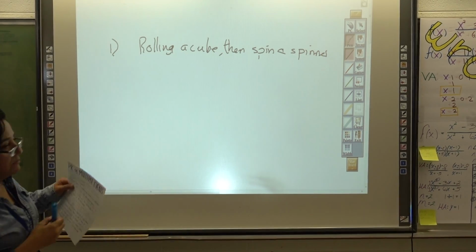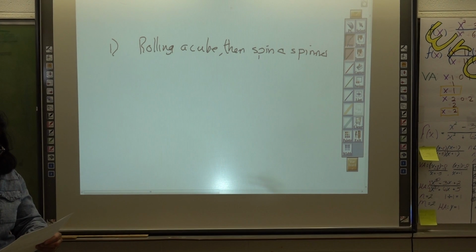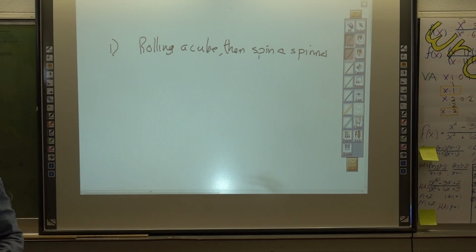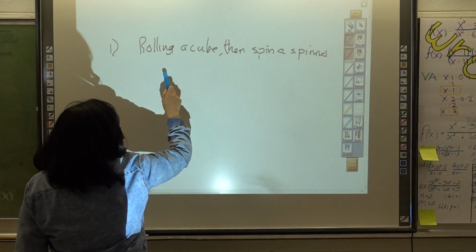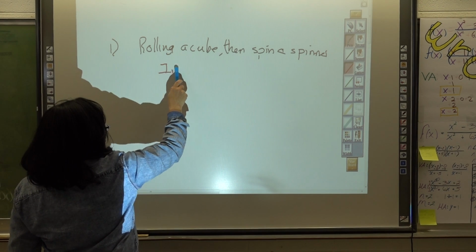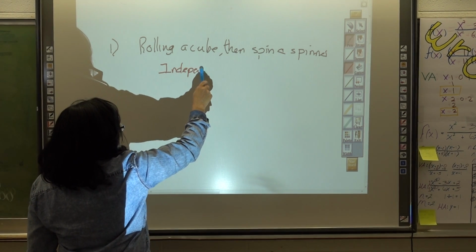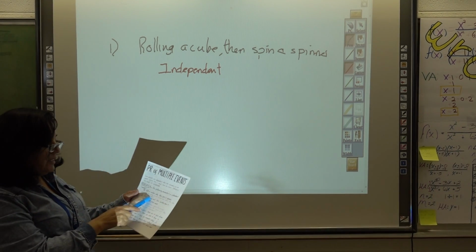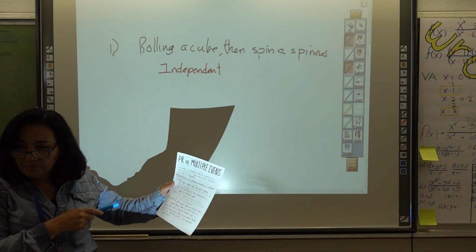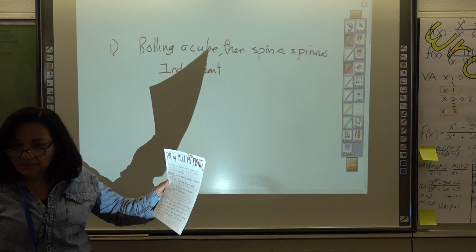How are they? Dependent or independent? Independent, right? Because it doesn't matter what we get here. That doesn't affect what we're doing here, okay? So these are independent events. Even though we have only one word, I'm writing it down. The two events do not affect each other. That's why it's independent, right?